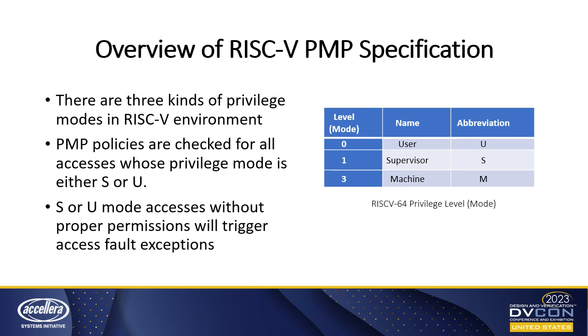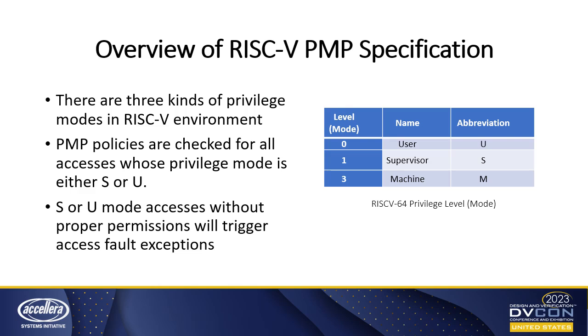A RISC-V CPU can run in 3 different privilege modes: user mode, supervisor mode, or machine mode. The PMP policies that have been programmed into the system are checked for all the accesses whose privilege mode is either S mode or U mode.